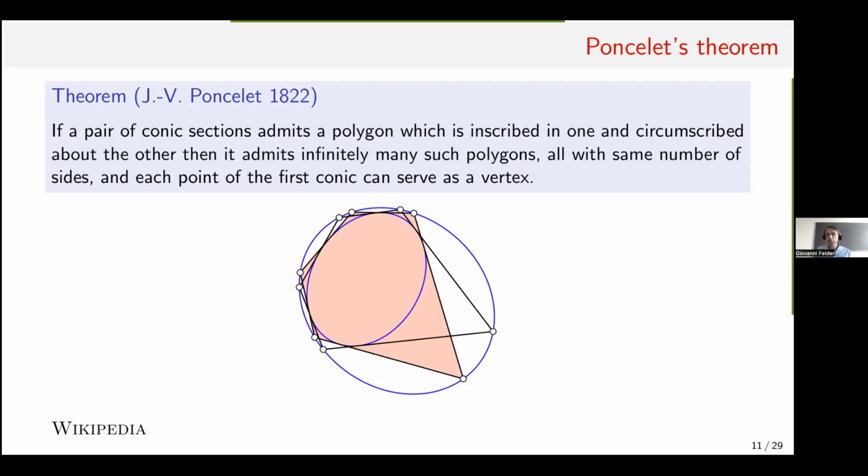Namely, imagine that you start from a point on the outer ellipse, and then you follow a tangent to the inner ellipse until you hit the outer ellipse again, and then you continue like that. And then the question of existence of such polygons is whether this orbit is periodic, right?